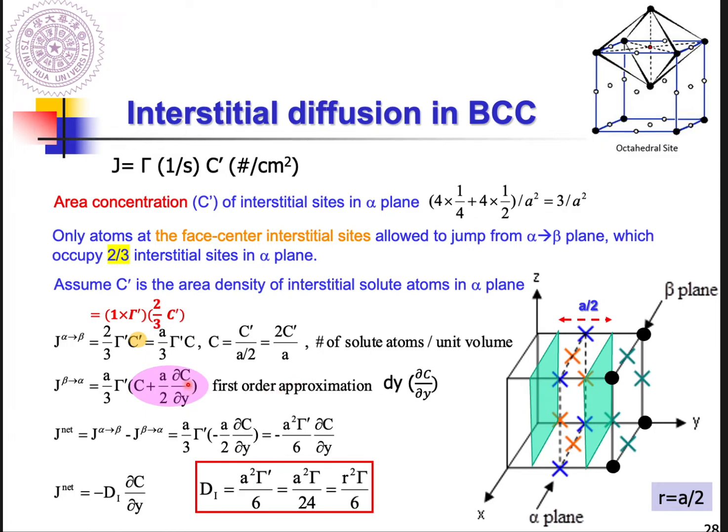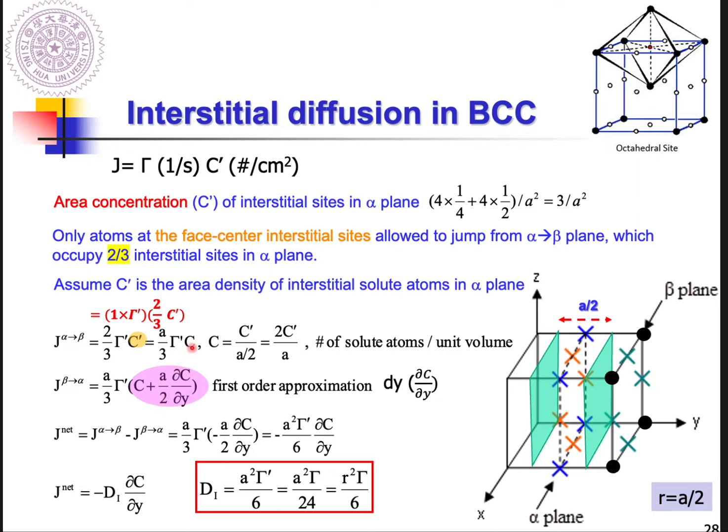Then we use the distance, which is A/2, right? And the concentration gradient term, this is y, so partial C, partial y. Then we use this to get the expression of concentration of interstitial sites on the beta plane.